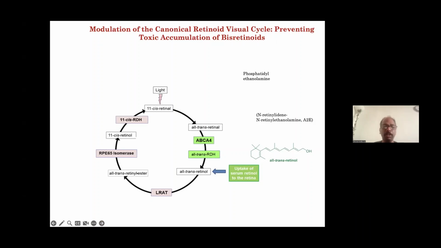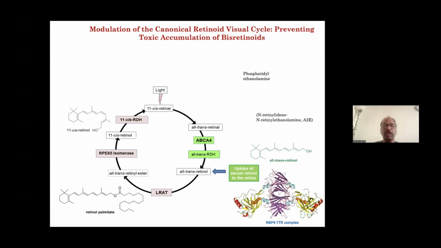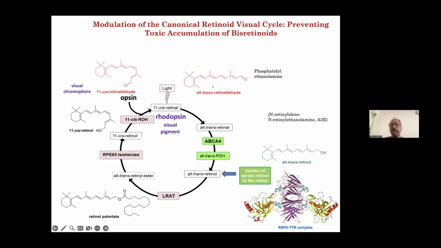With the action of RPE65 isomerase, there is an isomerization from trans to 11-cis retinol, and on the action of 11-cis retinol dehydrogenase, this becomes the retinal pigment. On isomerization, it gets converted into all-trans retinal. Once the all-trans retinal is formed, the transporter protein ABCA4 converts that into all-trans retinol, and then the visual cycle continues.